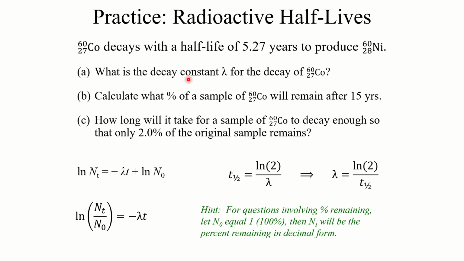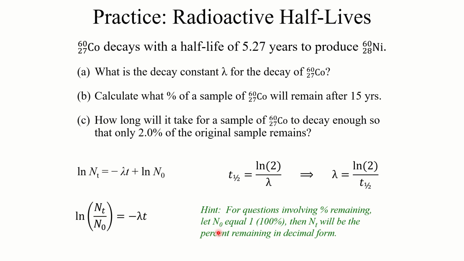So letter A, what is the decay constant? You're going to want to use this equation. And then for questions B and C, you'll want to use one of these two versions of the equations. I also want to give you a hint that might be useful anytime you're being asked to solve what percent remains or it involves a percentage.